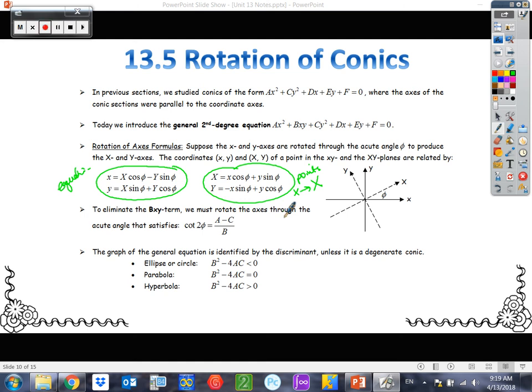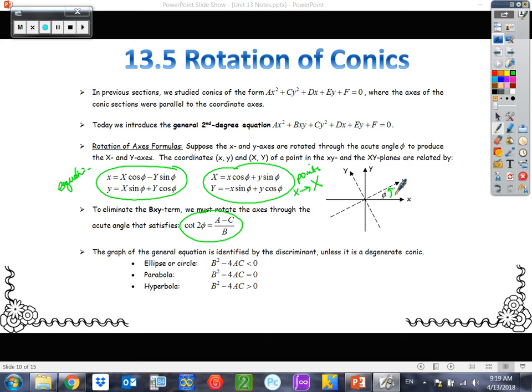Sometimes we're lucky and they tell us what angle measure we rotate through. That's nice. And sometimes we're not so lucky. If it's the second case where we don't know what angle measure our conic is rotated, we're going to use this formula right here. Phi, this Greek letter, stands for the angle measure that we are rotating through.